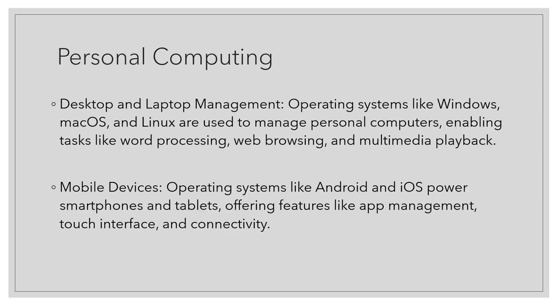Okay, personal computing. Personal computing means we have different desktops and laptops. These are the personal computers. In personal computers, operating systems like Windows, Mac OS, and Linux are used to manage them, enabling tasks like word processing, web browsing, and multimedia playback.